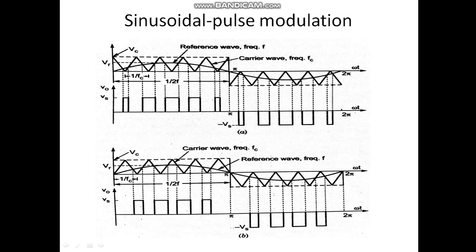What happens here? We can see that as per this sinusoidal wave, the width will be varying. Again, as I said, the modulation index is VR by VC.